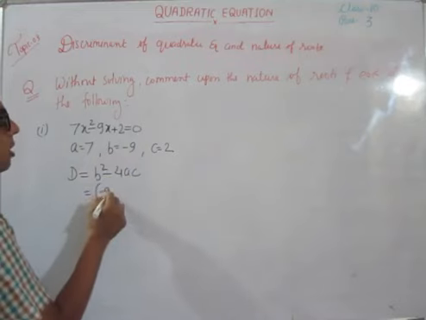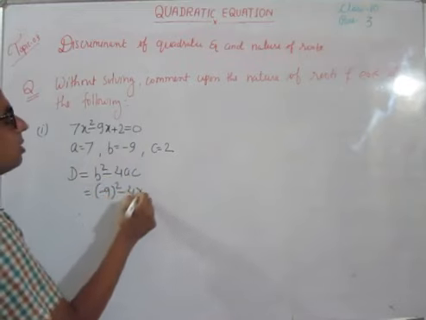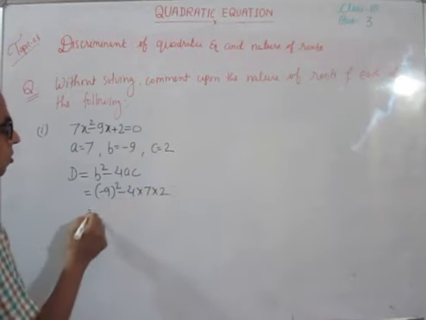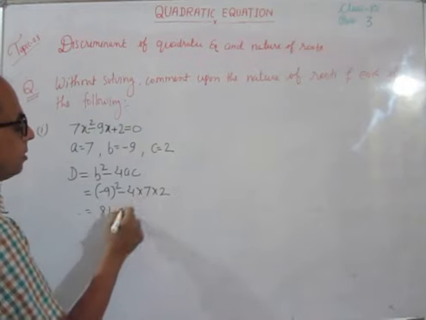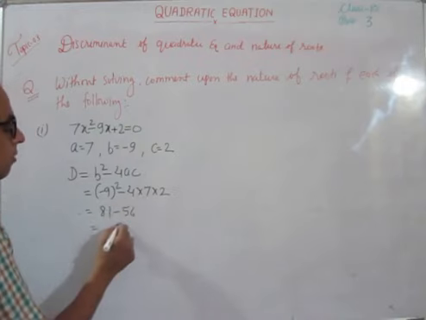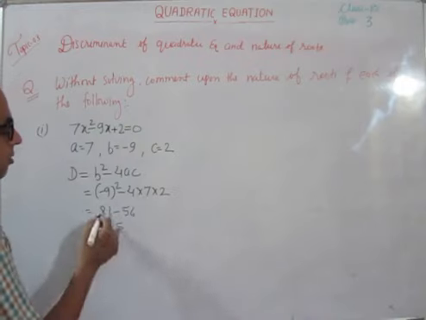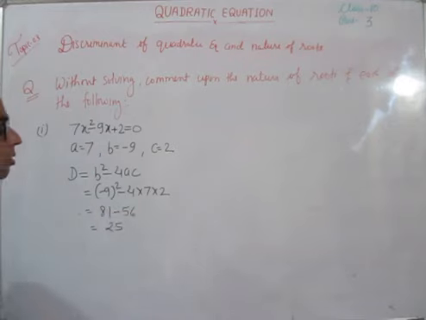So minus 9 whole square minus 4 times a is 7 and c is 2. So 81 minus 56, so the difference will be 25. So here the discriminant is 25.